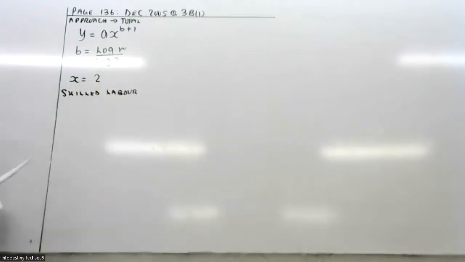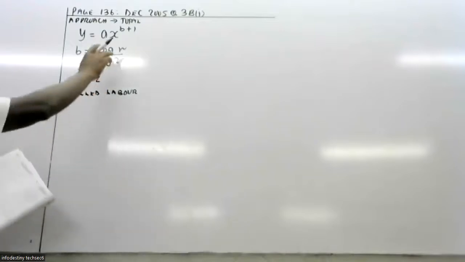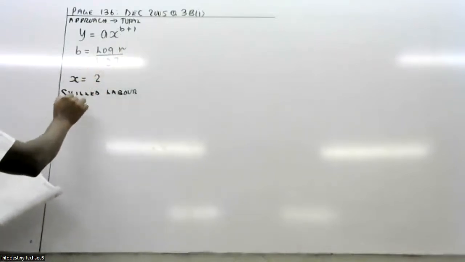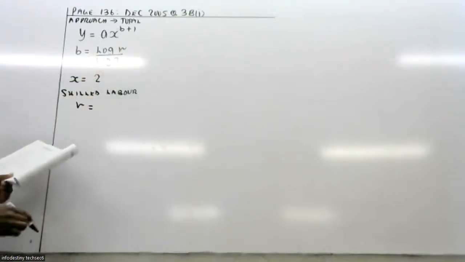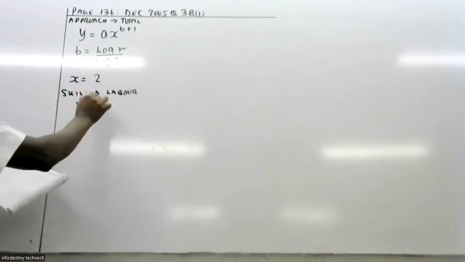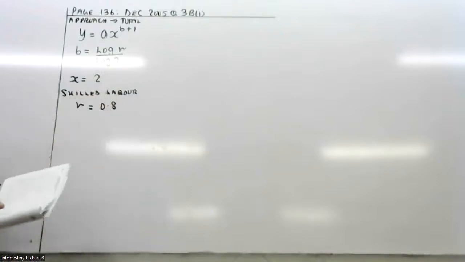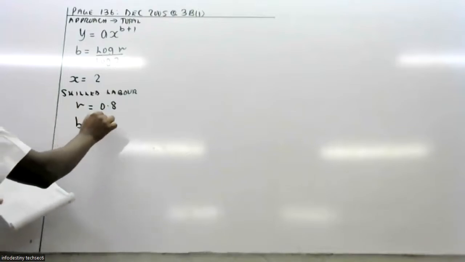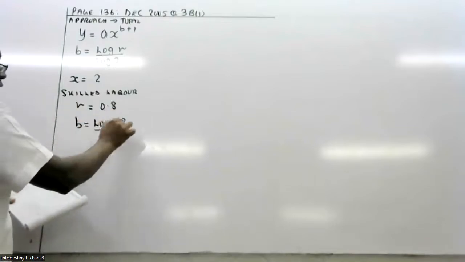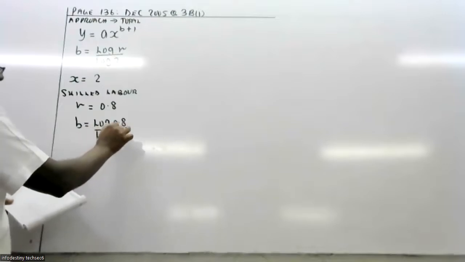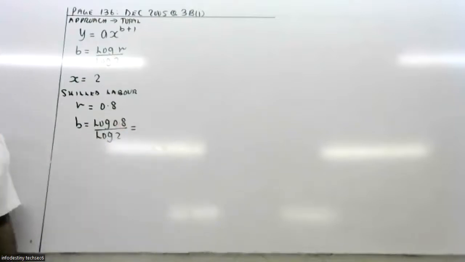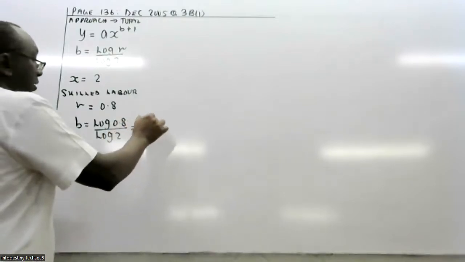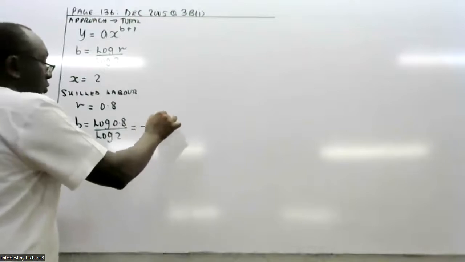Now, when we are in skilled labor, we need to identify r. So r is 80%, 0.8. So b then will be the log of 0.8 divided by the log of 2, which is negative 0.322.